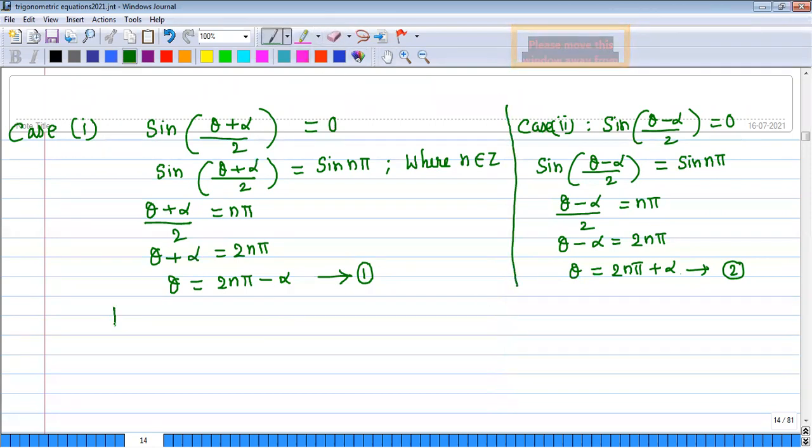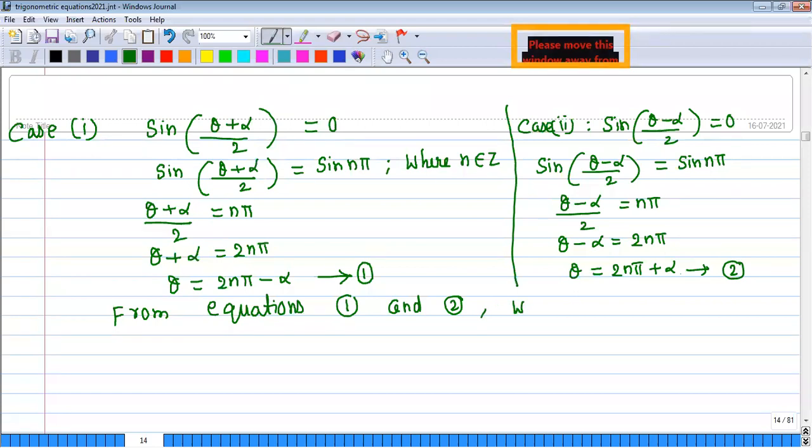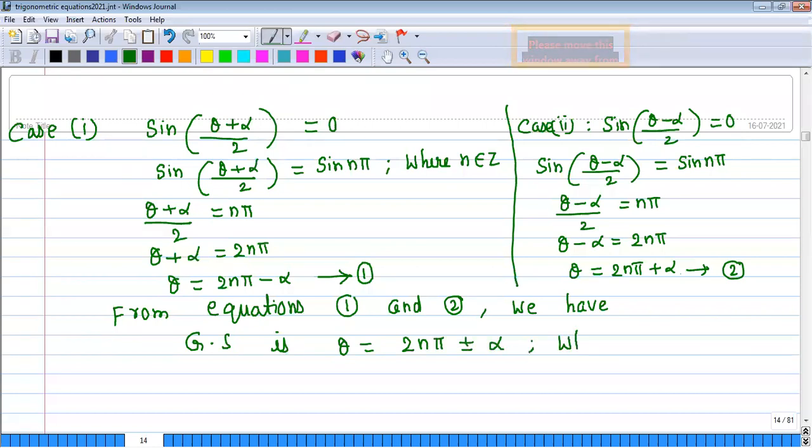So from equations 1 and 2, we have the general solution: theta is equal to 2n pi plus or minus alpha, where n belongs to Z.